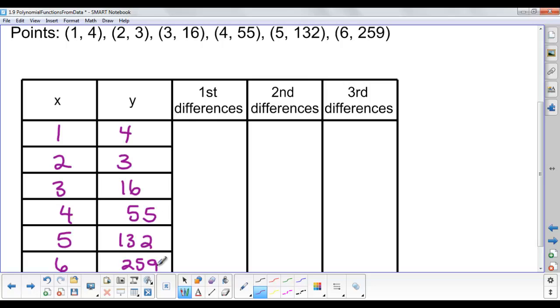First things first, we need to determine what kind of function this is. So let's calculate our finite differences. Remember, it's always bottom number take away top number.